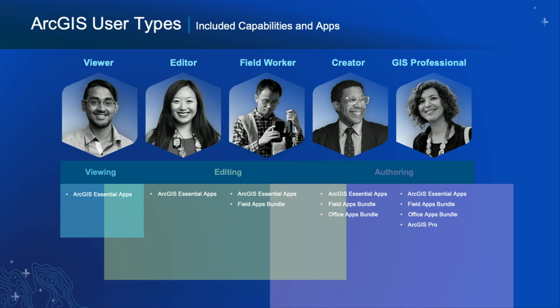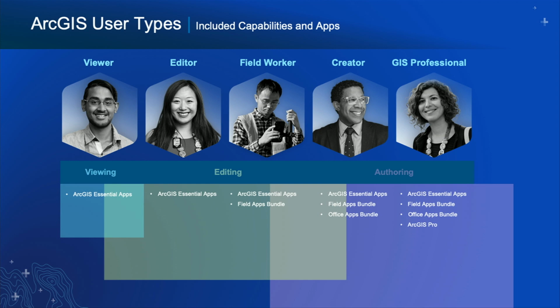And that's really something that we heard on the field operations team. And to show just how important that is within the overall ArcGIS platform, there's a specific named user for the field worker who is provided with the field apps bundle to make it available to actually use those apps and take them out into the field.